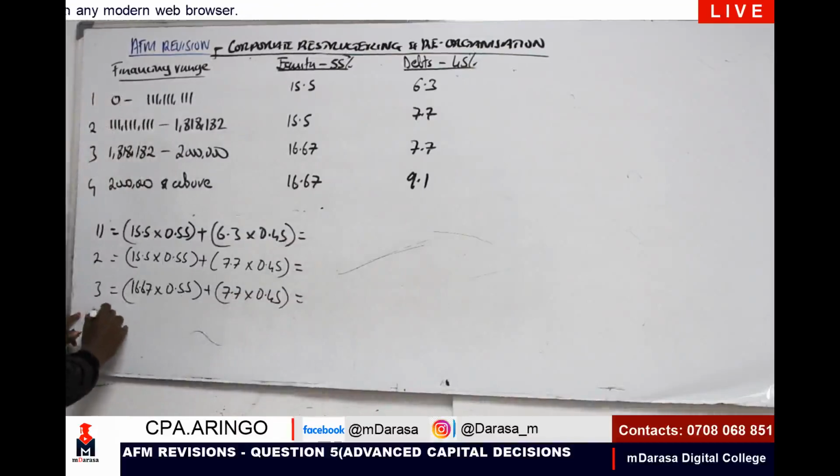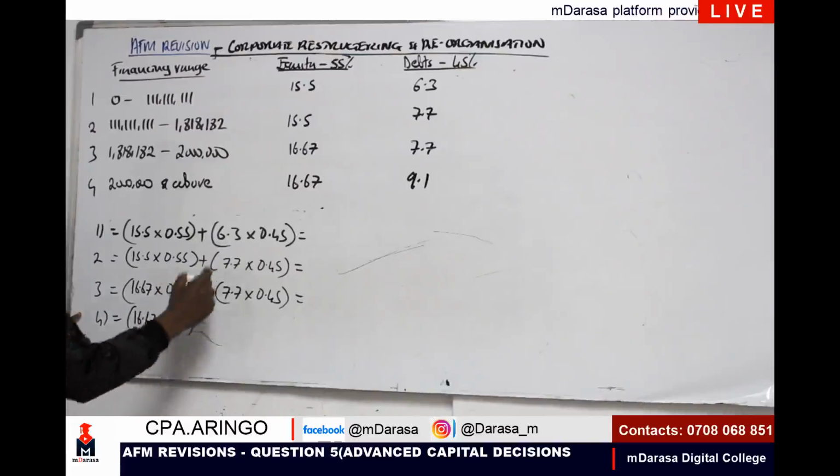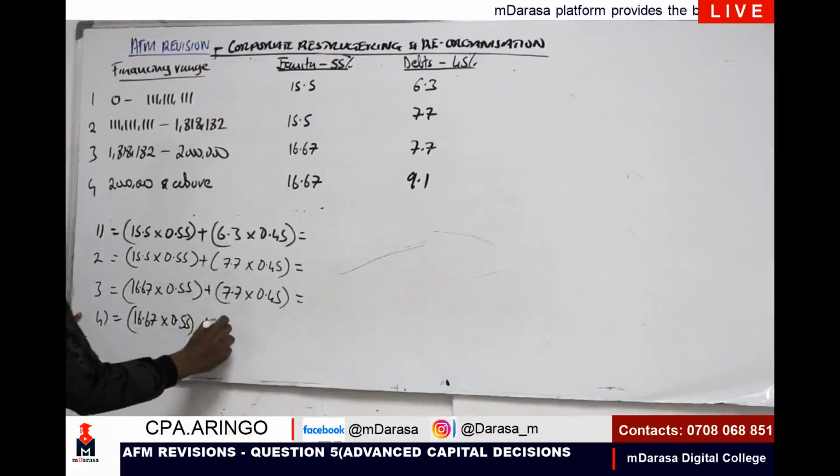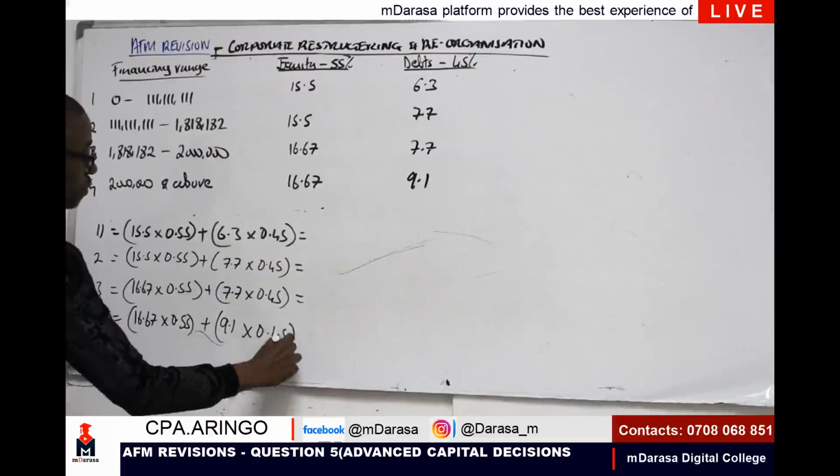Interval number 4, we should be having 16.67 times 0.55, in this case plus 9.1 times 0.45.